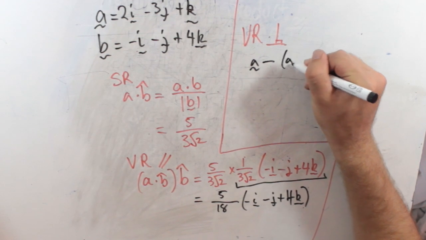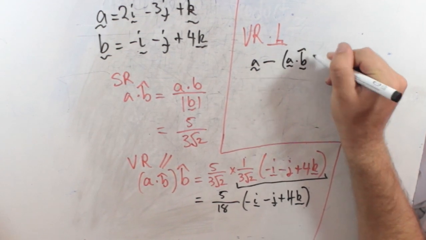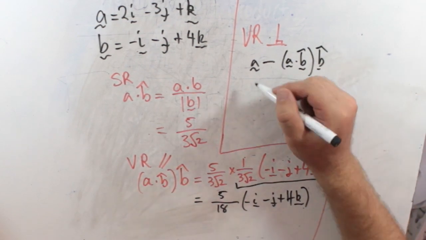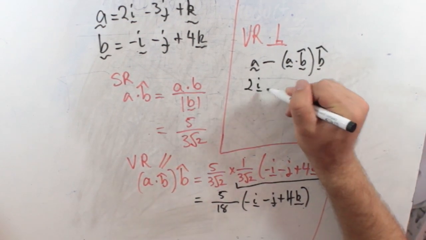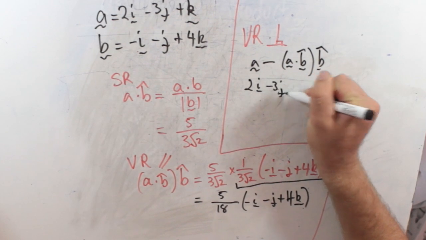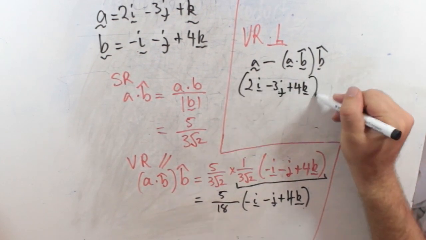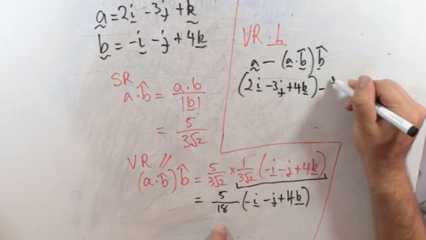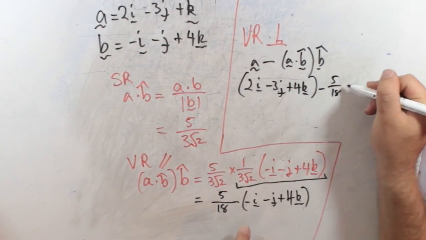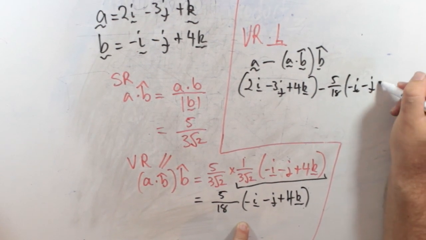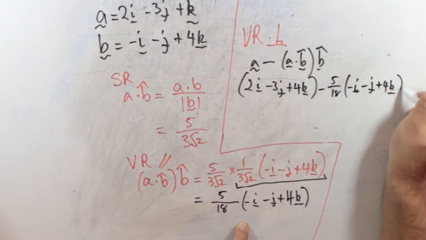So that's A dot B hat times B hat. Okay, so vector A, that's 2i minus 3j plus 4k, minus all this, 5 on 18 of negative i minus j plus 4k.